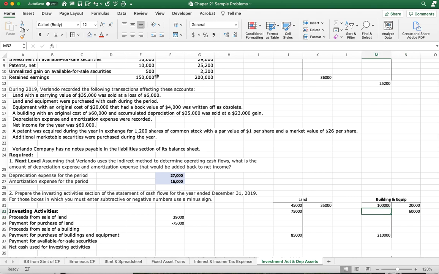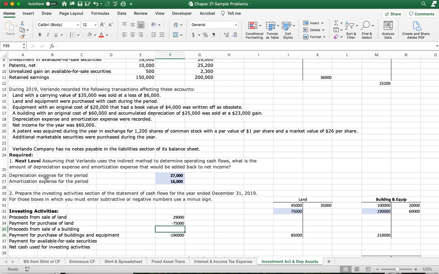So we can solve then for the missing amount that would show us the payment of the purchase of the building. And so our payment for the purchase of buildings is $190,000.